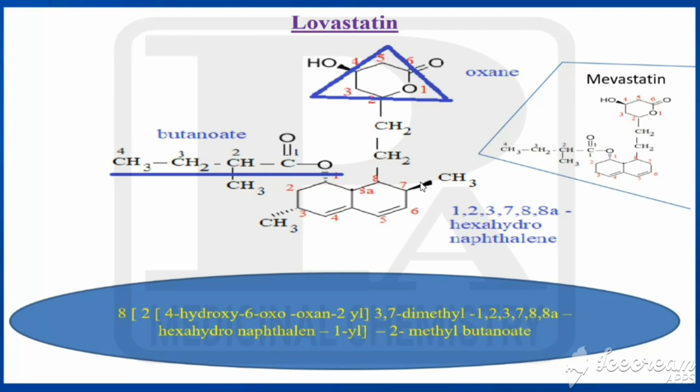Ethyl. Then 3,7-dimethyl, or 3 alpha 7 beta dimethyl. Then 1, 2, 3, 7, 8, 8A hexahydronaphthalen-1-yl. This is 2-methylbutanoate. So that is the chemical name of lovastatin. Look at the structure of lovastatin here.